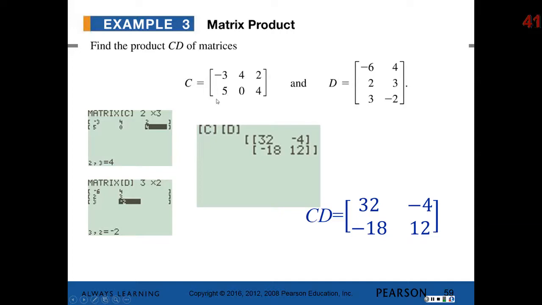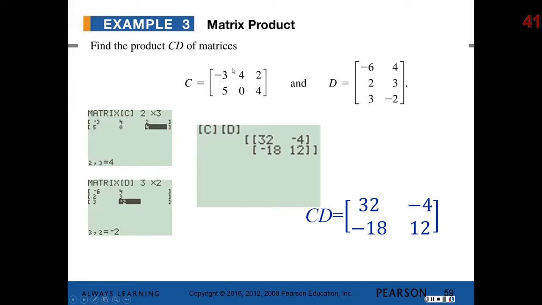So to find the product CD, we have a 3 by 2 and a 2 by 3 and a 3 by 2. And because the 3 columns of the first one and the 3 rows of the second one match, our result is going to be a 2 by 2, which seems strange because that doesn't look at all like either one of them, but that is the appropriate product.